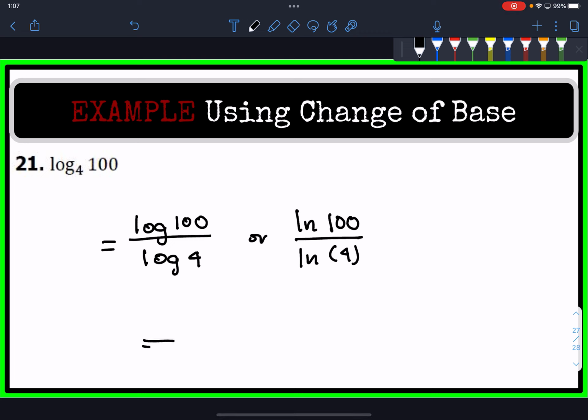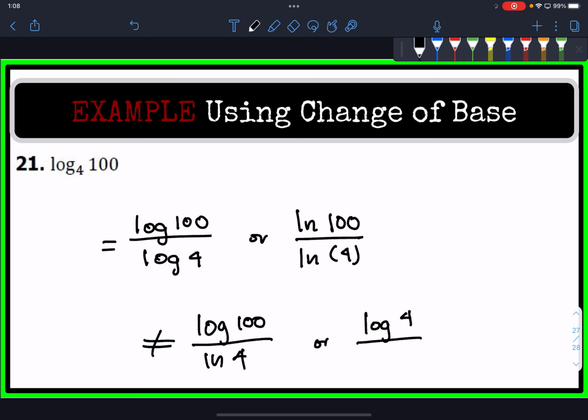The one thing you cannot do is this: the common log of 100 divided by the natural log of 4. That will not work. Or getting the natural log of 4 and dividing by the common log of 100.